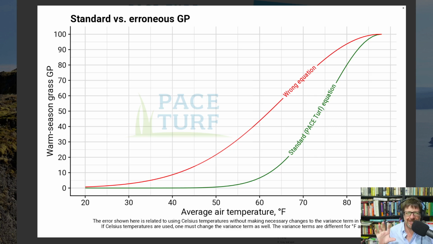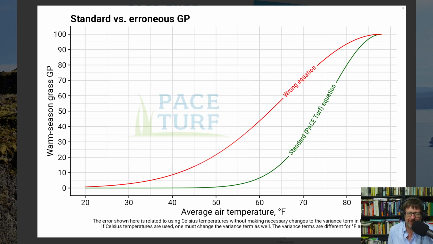And because the scales are different for Fahrenheit and Celsius, the variance constant, it's a constant in the equation, but the equations need to be adjusted whether you're working with Fahrenheit or Celsius. And specifically, I recommend a value of 7 if you're using Celsius degrees for warm season grass, and I recommend a value of 5.5 for Celsius degrees for the variance if you're doing this for cool season grass.